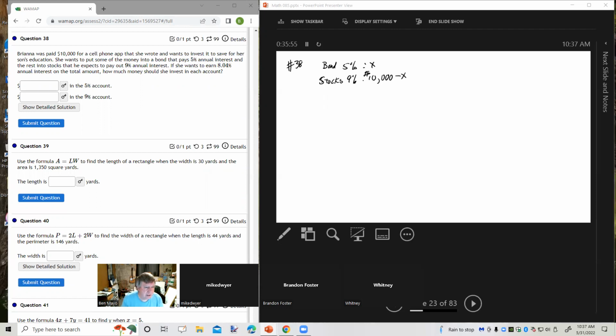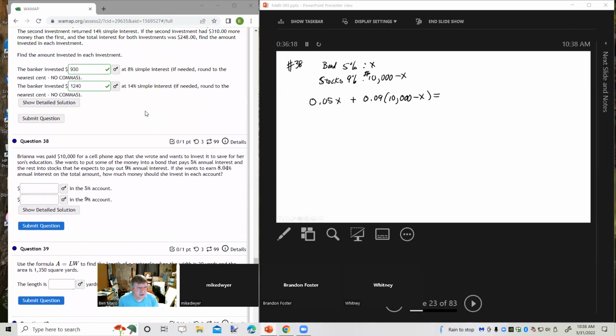All right. Now, let's see here. 5% of X, that would be the interest on the bond. So 0.05X plus 9% on the stocks, 0.09 times $10,000 minus X equals. Now here's where things are a little bit different.